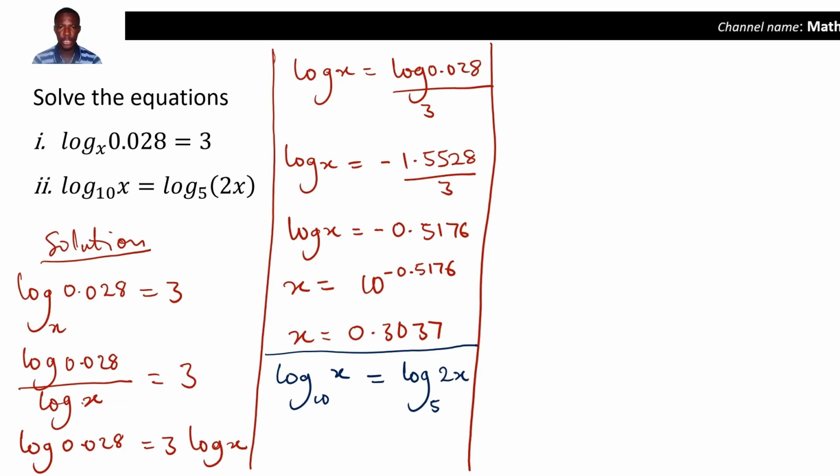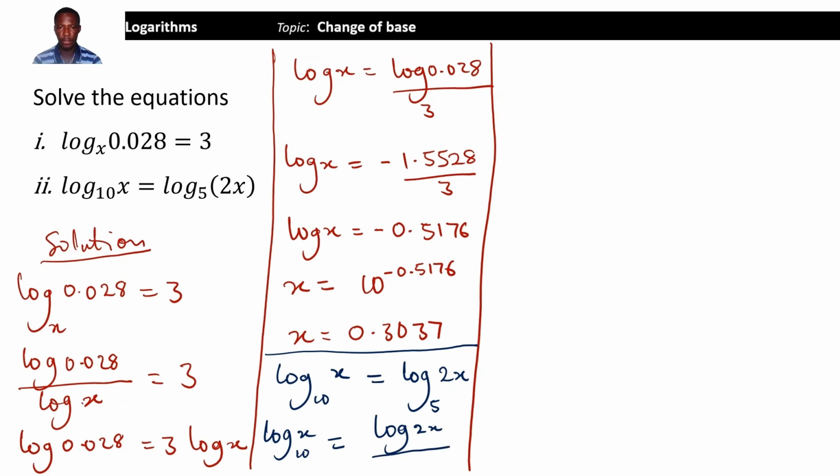So I'll change the right hand side. I'll change the base of that. So I'll have log x base 10 is equal to log 2x, which is in base 10, over log 5, which is also in base 10.